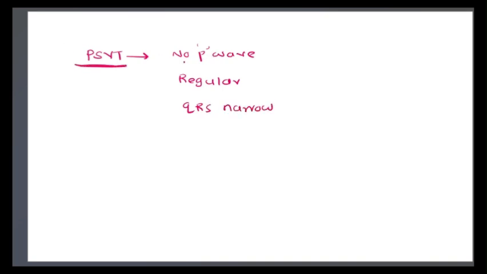Again, no P wave means that by looking at the ECG at first sight, we are not able to see any P wave, but in fact the P wave is hidden in the QRS complex or in the T. We have discussed that. In your first look you are not able to see any P wave, because for you a P wave is mostly a positive wave before the QRS complex, which you are not able to see, and it's regular and QRS is narrow. And typically the heart rate would be in the range of 150 to 250.